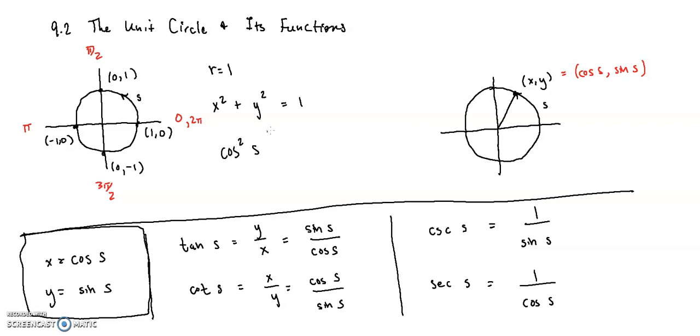We could put parentheses and put it on the outside, but we also usually just write it on the inside. So cosine squared plus sine squared is equal to 1. Okay, so that's from between the equation of the circle and our definition of sine and cosine, and that gives us our first trig identity, our first relationship between trig functions. So we know that cosine squared plus sine squared is equal to 1, and that's always true.